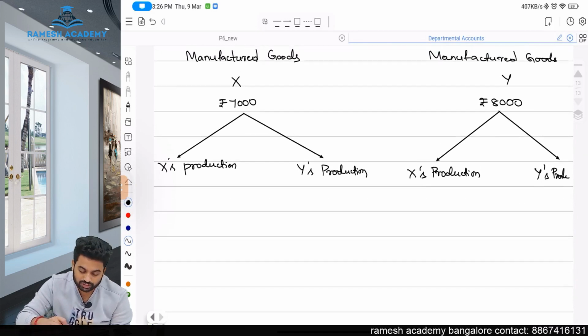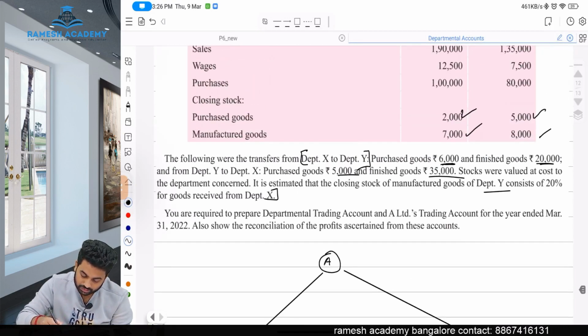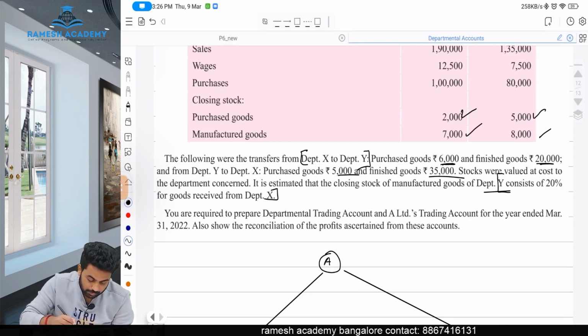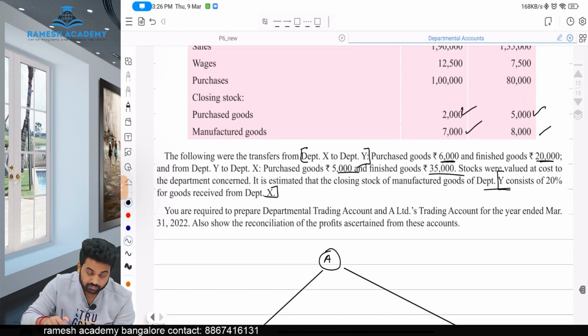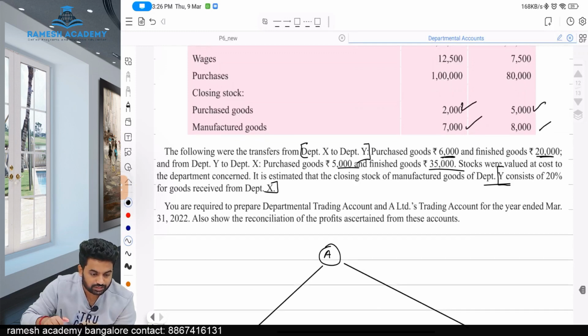Y department closing is 8,000. But out of that 8,000, 20% is from department X, it seems.